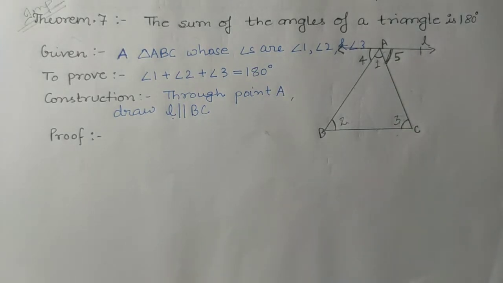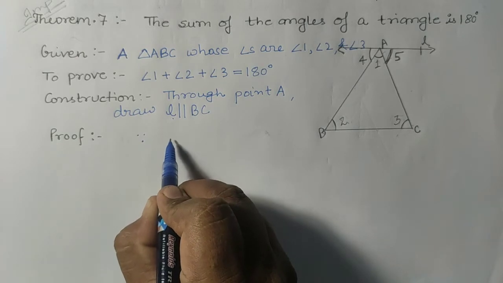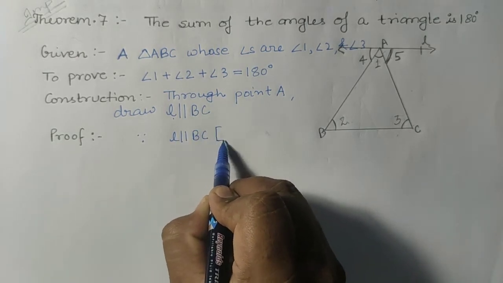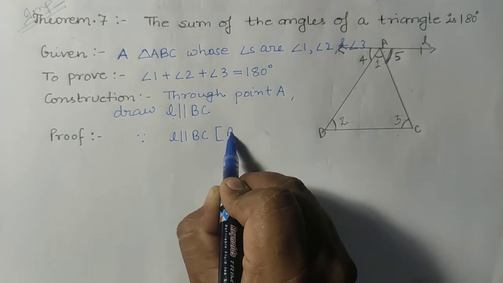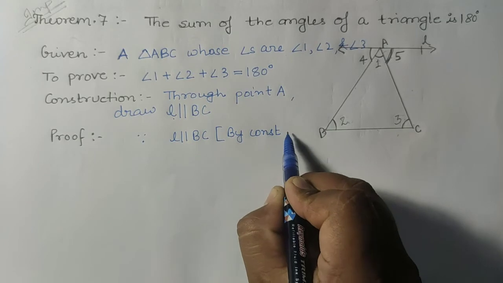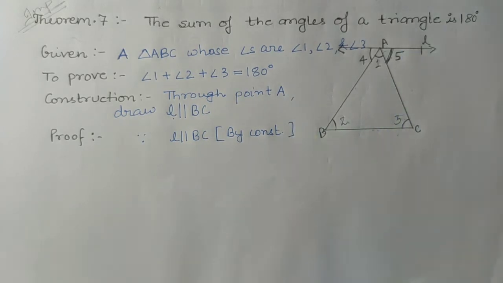Now coming to the proof part, in the proof we will write that since L is parallel to BC, what is the reason behind it? By construction. We have constructed the line L such that it is parallel to BC.